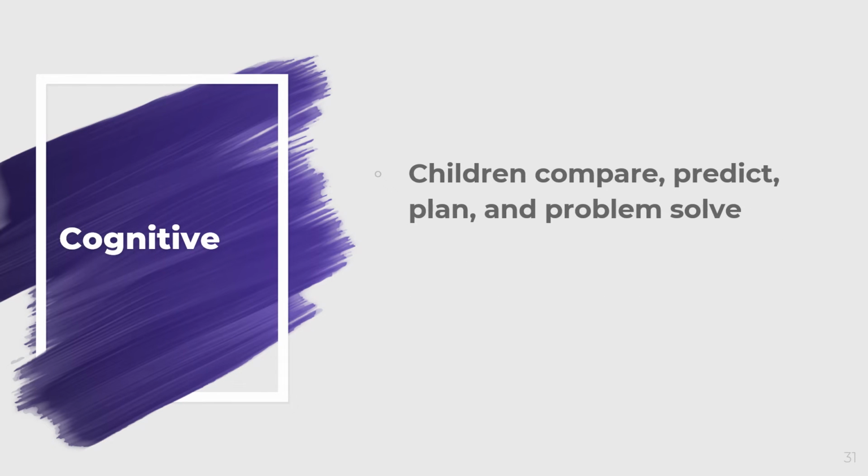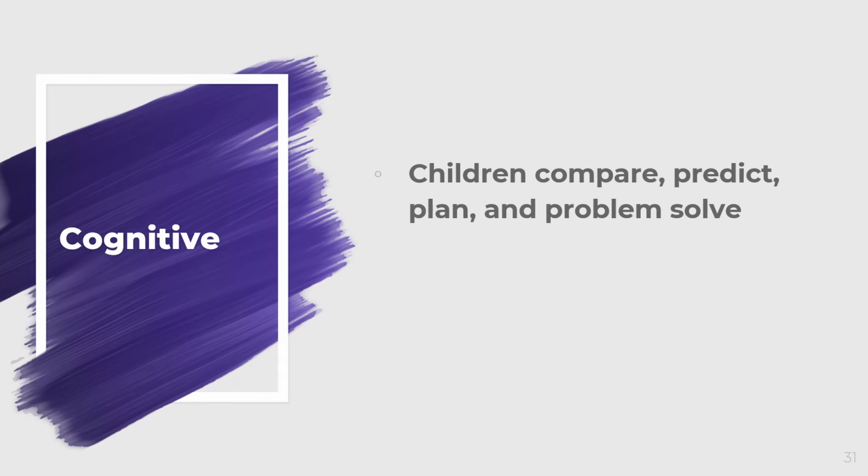Cognitive. Children compare, predict, plan, and problem solve. Children might get into planning just how they want to use the materials, what color they want to use first, second, third, and fourth. They may problem solve. I'm thinking back to that rolling pin art activity.